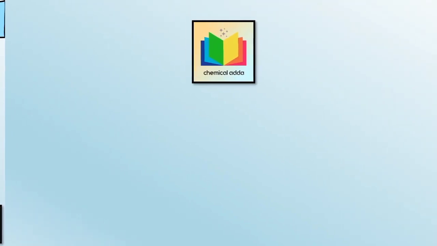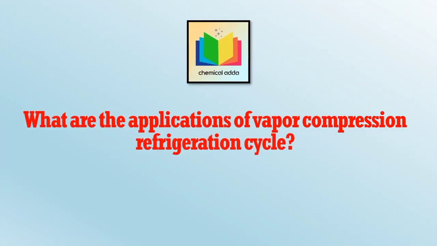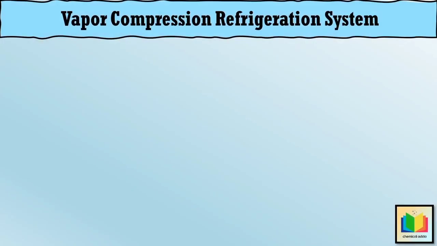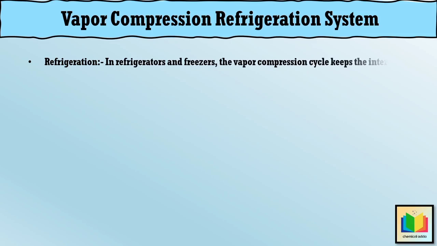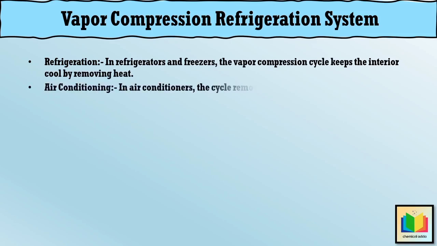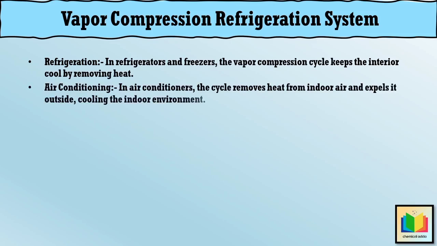Now let us understand what are the applications of vapor compression refrigeration system. So the first application is refrigeration. So in refrigerators and freezers, the vapor compression cycle keeps the interior cool by removing heat. The second application is air conditioning. So in air conditioners, the cycle removes heat from indoor air and expels it outside, cooling the indoor environment.